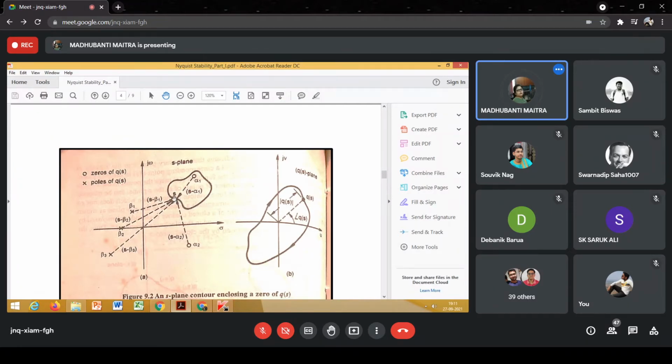Yes or no? Okay. So what will be the net angle change by this phasor?